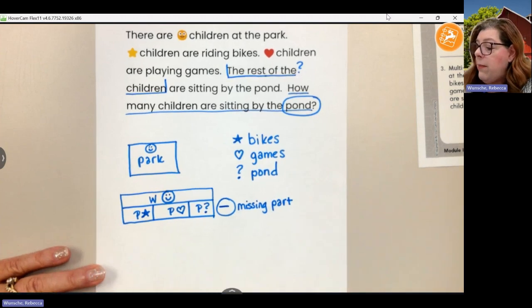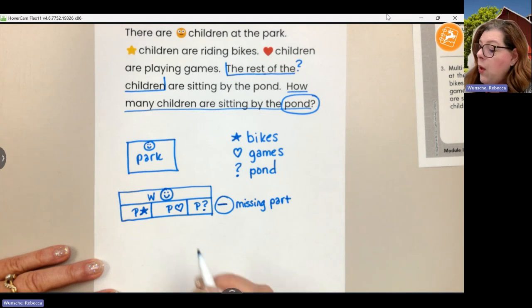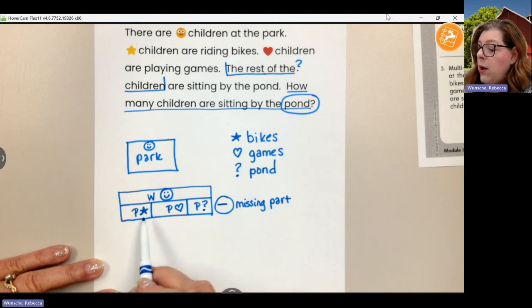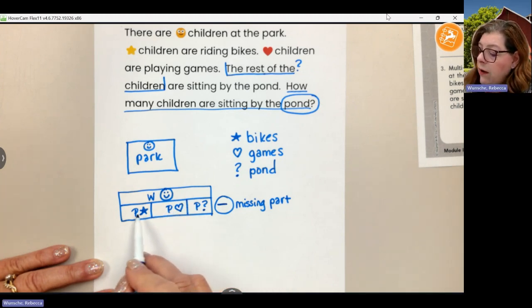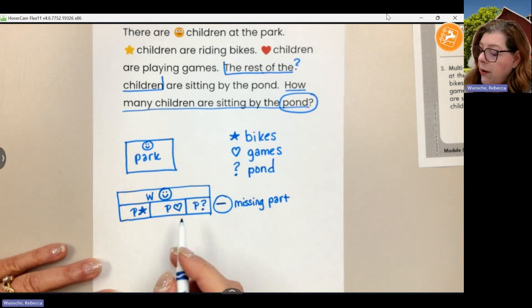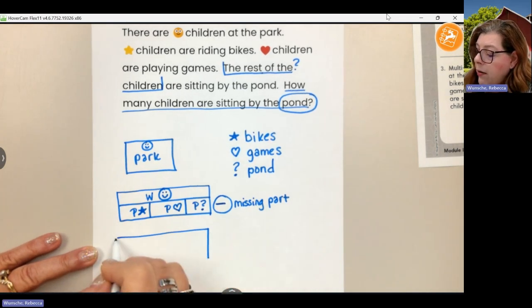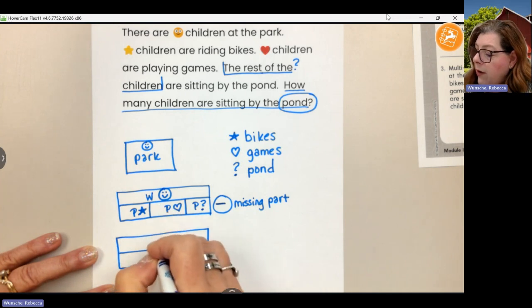Now, let's think about exactly how I'm going to figure that out. When we look at our part whole here, a lot of times we only see 2 parts and the whole. So if we took this strip diagram and we thought about it again as how we could put our parts into 2 parts instead of 3 parts, what could we do there? We would still have our whole up here.